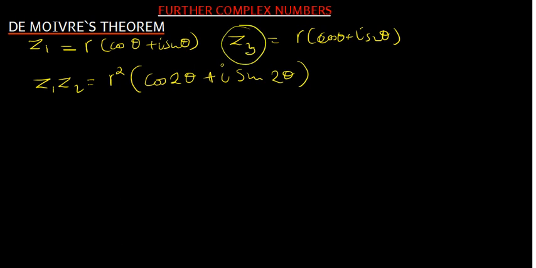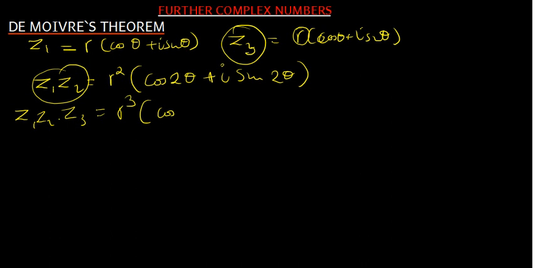Now assuming you've got another complex number z3 which is also the same, and you are multiplying this result z1 z2 by z3. Again you multiply them, that is going to give r to the power 3 if they are the same, and then cos of 2 theta plus theta, which gives 3 theta, plus i sin 3 theta.